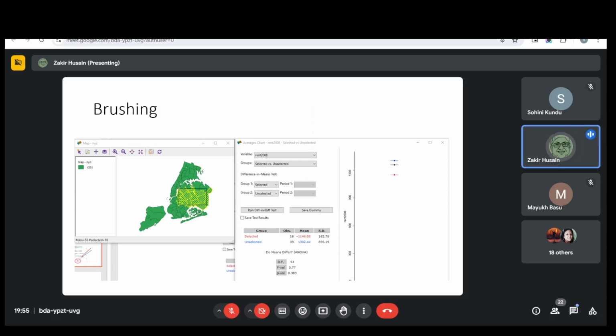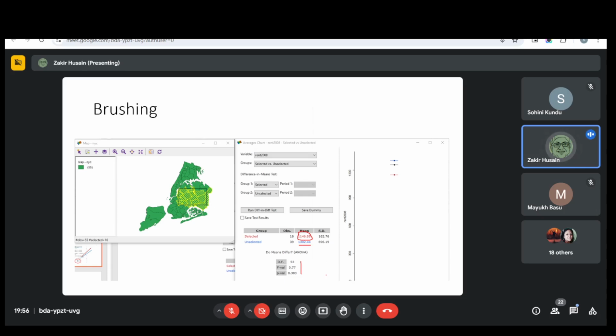So for the selected region, rent is 1146. And for the unselected region, actually rent is higher. But look at the ANOVA results. Are the two means statistically different?